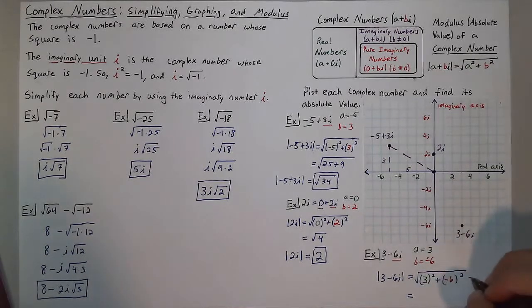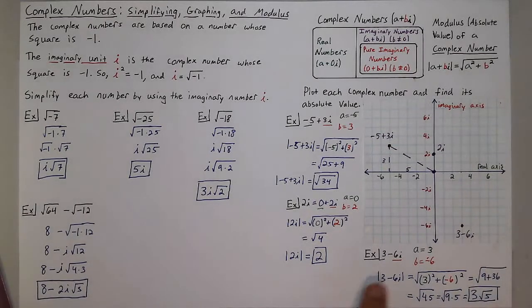So this would be the square root of 9 plus 36, which would be the square root of 45. And there is a perfect square in there, which is 9 times 5. So 3 square roots of 5 would be the absolute value of 3 minus 6i. And that is how you simplify, graph, and find the modulus of complex numbers.